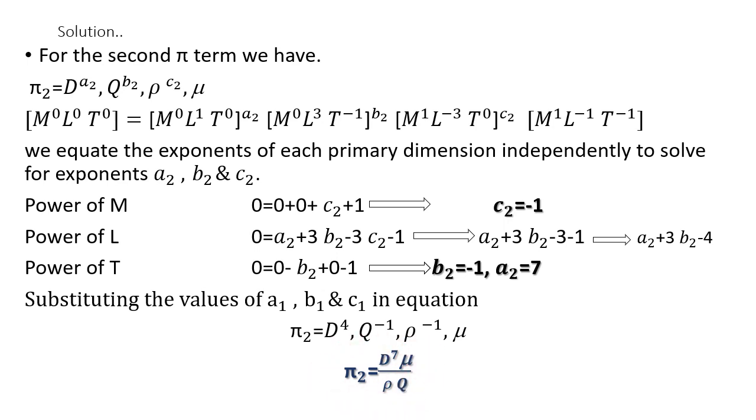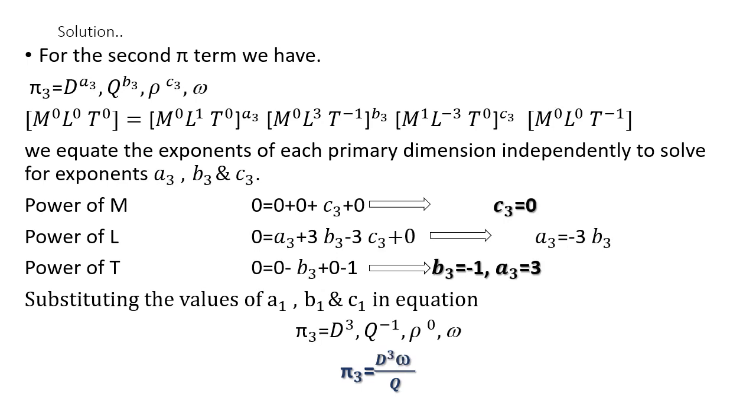Next we need to find pi3. We have identified pi1 and pi2. Next we need to identify the expression for pi3. Pi3 is equal to d to the power a3, q to the power b3, rho to the power c3, into angular velocity omega.